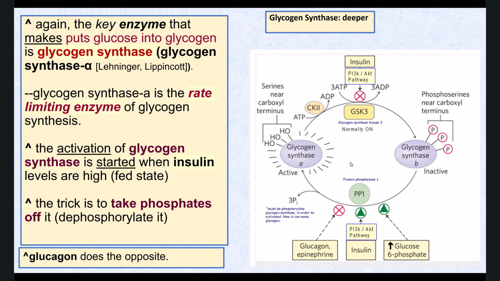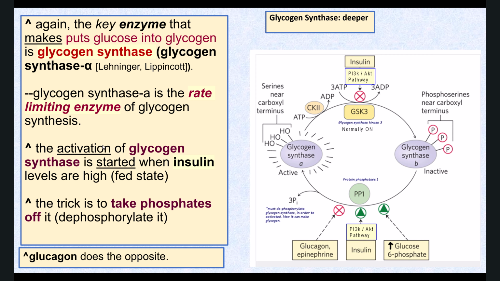See how that works. So everything I said, we'll just read through these slides again. The key enzyme that puts glucose on glycogen is glycogen synthase, specifically the activated form, glycogen synthase alpha. Glycogen synthase is the rate-limiting step of glycogen synthesis.